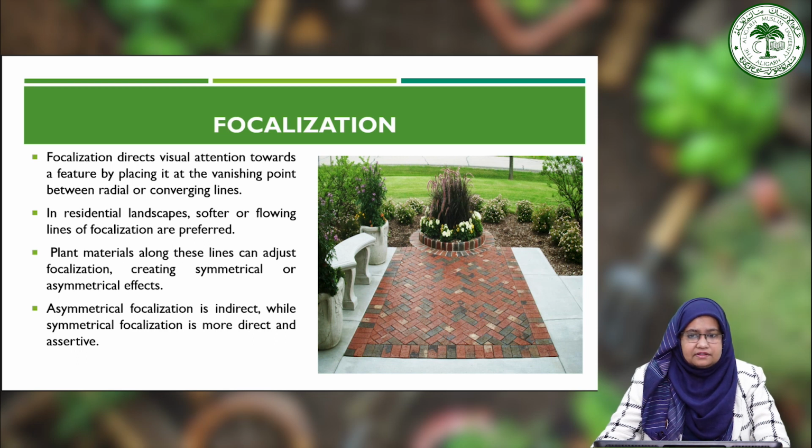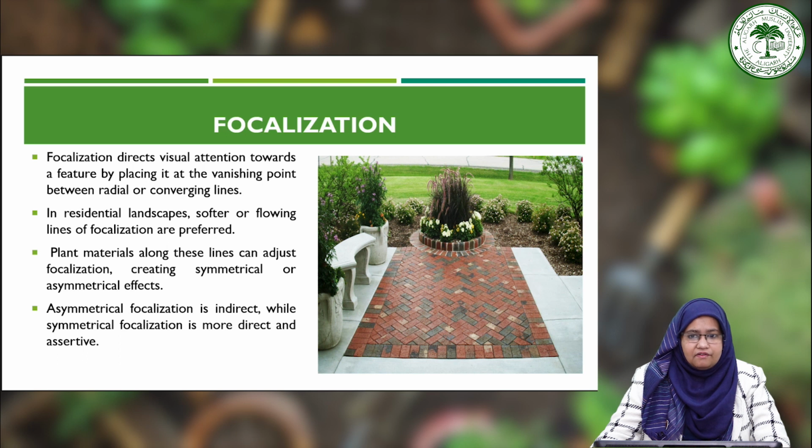Focalization involves leading visual observation towards a feature by placement of this feature at the vanishing point between radial or approaching lines. Straight radial lines create a strong focalization when compared to curved lines. The viewer's eye quickly follows along straight lines to a focal point.